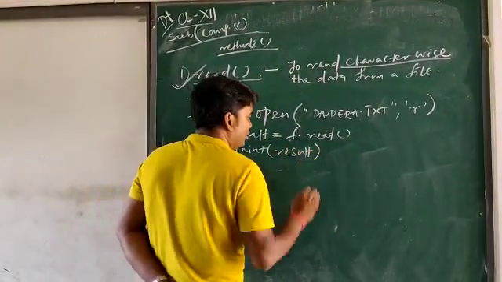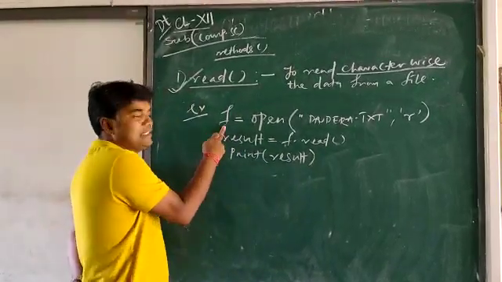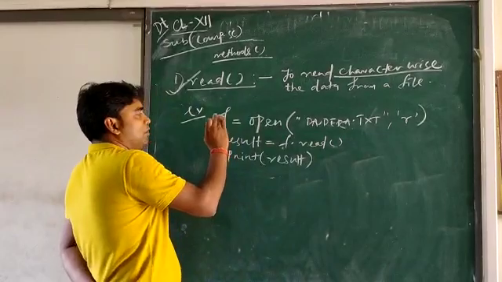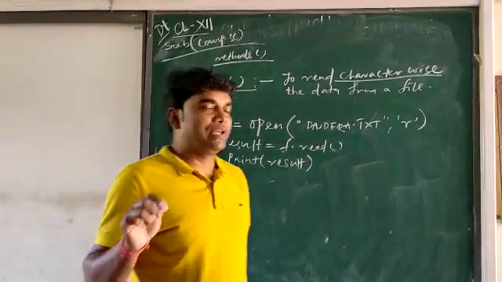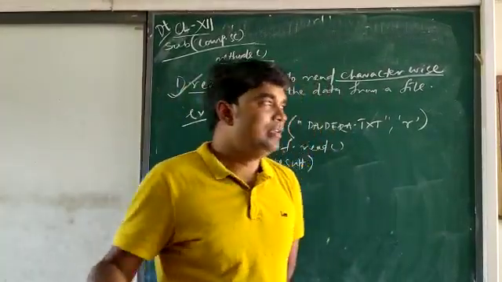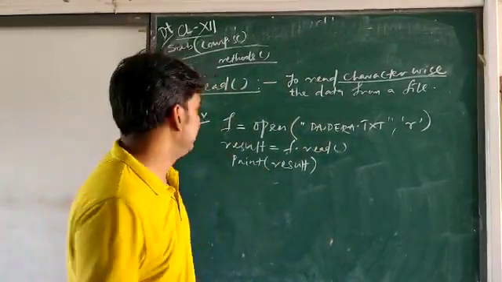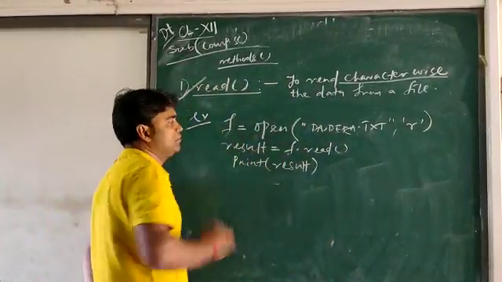Look at this code. The first line is your file object or file handler, the key through which we can enter the file, extract the records, and display them. This is the open function.